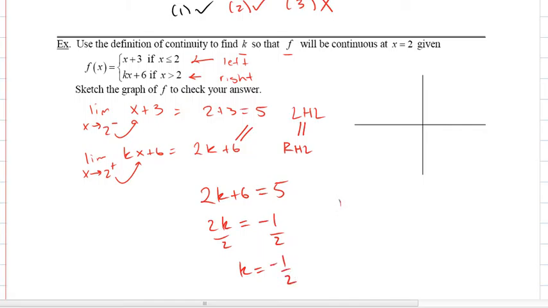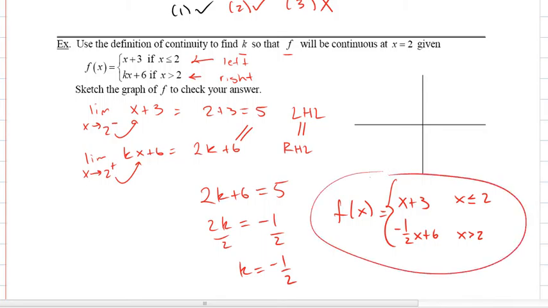So my final answer is x plus 3 when x is less than or equal to 2, and negative 1/2 x plus 6 when x is greater than 2. You can graph this function in your calculator, and you should see that the function is continuous.